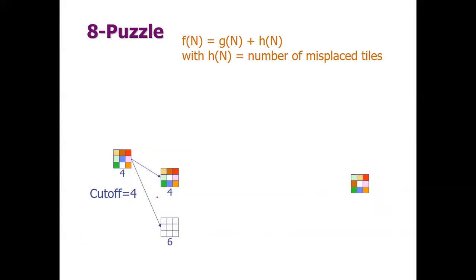Now its heuristic value remains 4. From this state, when the rose tile is moved here, it becomes 6, but we cannot include this. In another state, the brown tile is moved down, but again its heuristic cost is 5, so we cannot include this.